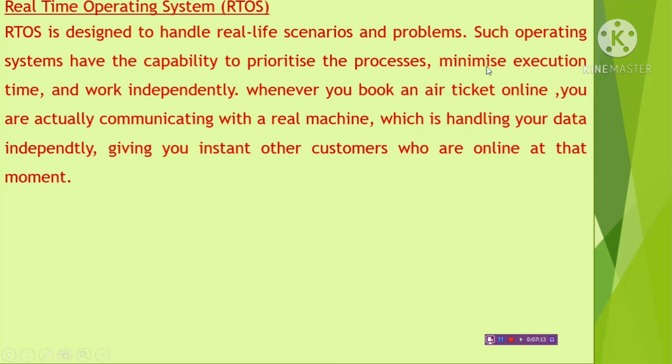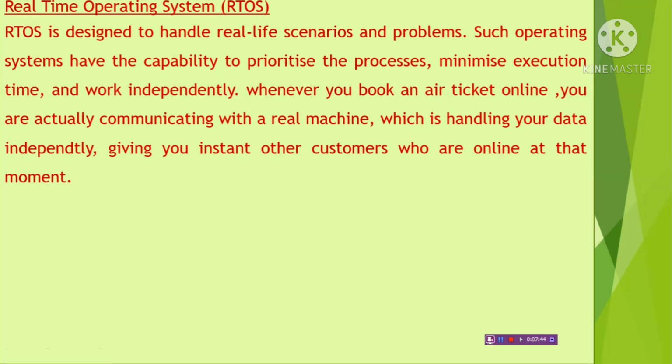Railway reservation, flight reservation, whatever online system you use, these are all real time operating systems. Such operating systems can prioritize the process, minimize execution time, and work independently, because most people access it at the same time. Suppose at a time 100 booking requests are coming.